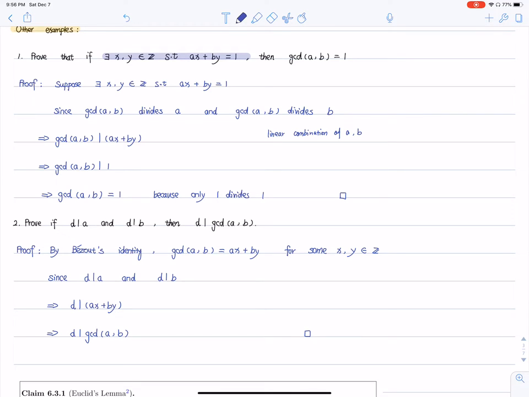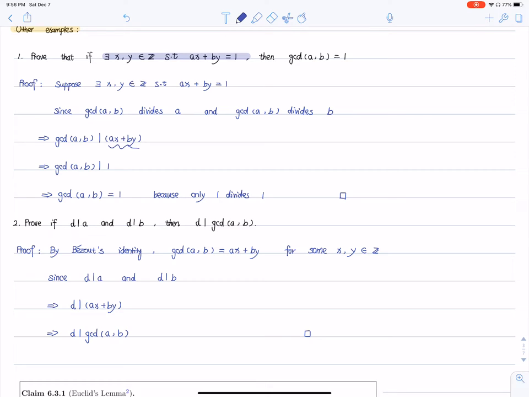If you are taking linear algebra, you should know what linear combination is. If not, a linear combination of A and B is just A times an integer plus or minus B times an integer, which is right here.